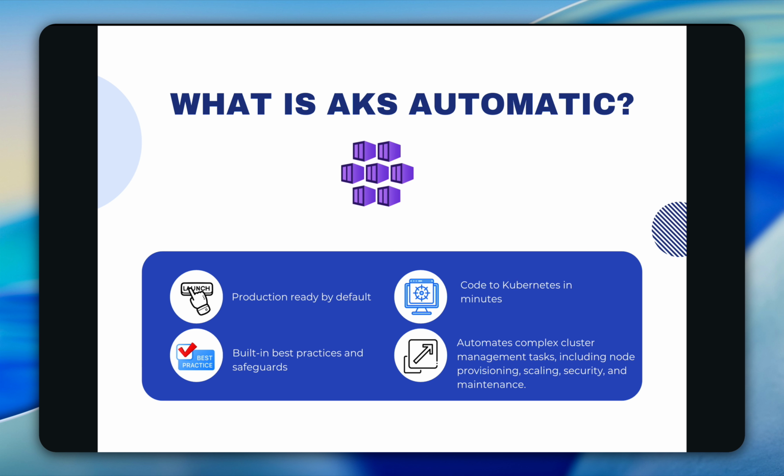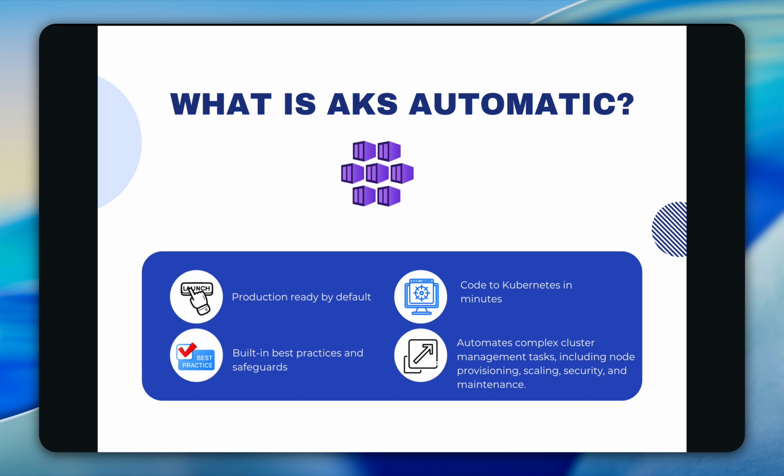In AKS Automatic, it is production ready by default. What that means is it already comes pre-configured with all the configuration that is needed for a production environment, such as security, monitoring, node pool management, governance, and all of these things.